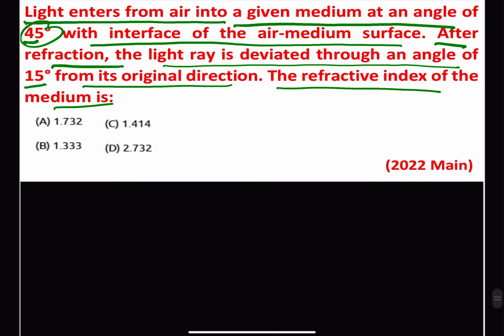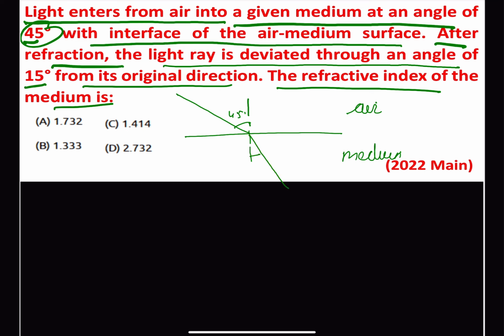So let us draw an approximate figure. This is our air, and this is our medium, and light enters from the air at an angle of 45 and will be refracted in this direction.